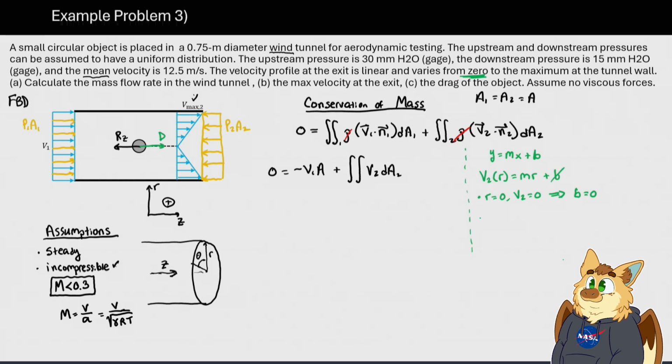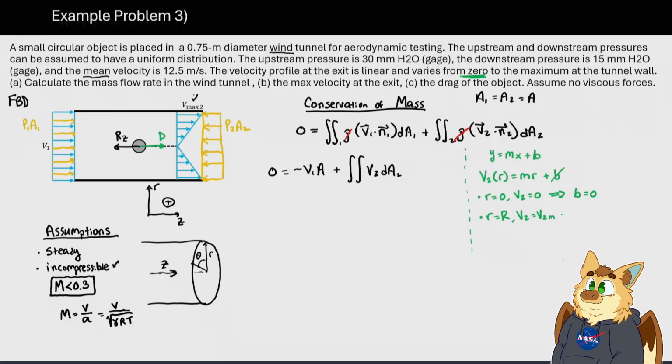B is gone. And finally, at r equals the radius of the pipe, which I'm going to write as capital R here, v2 is equal to v max. I'm just going to write v2m, just so it's a little easier to write.